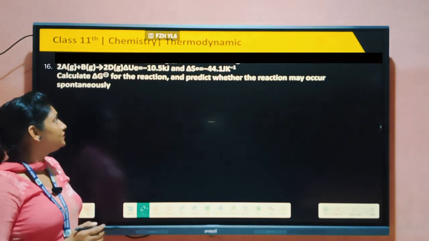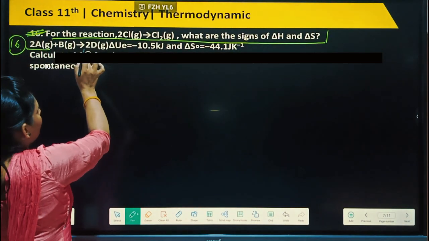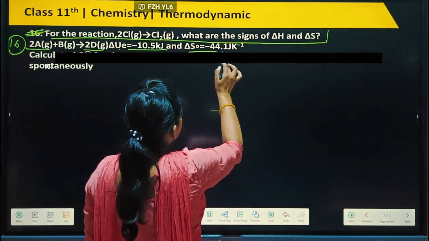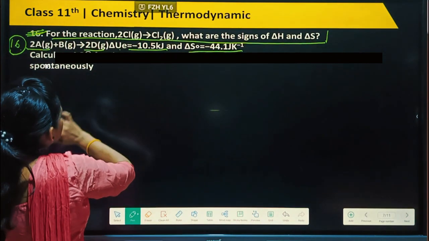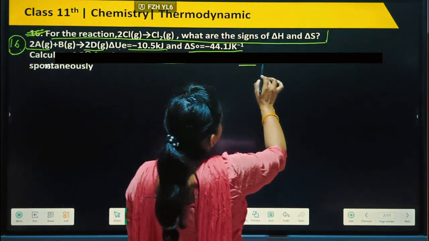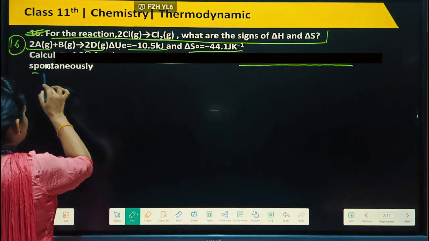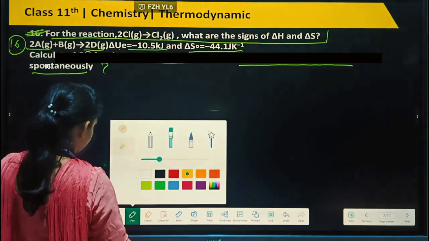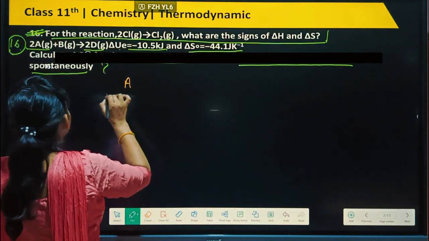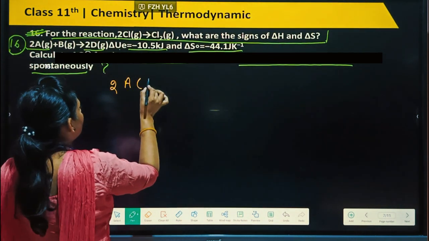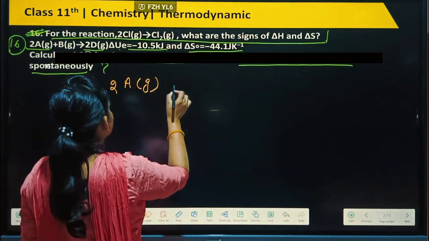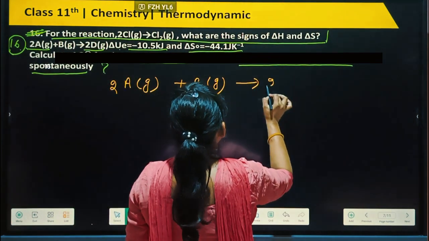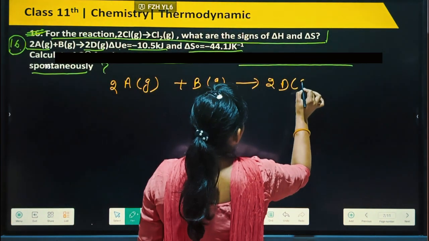Here the next question is A plus B giving us 2D. Del U and del S are given. Calculate del G for the reaction and predict whether the reaction may occur spontaneously. Here A is in gaseous state, plus B is also in gaseous state, producing 2D, also in gaseous state.